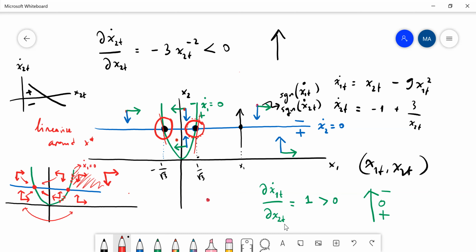Because the linearized system would look like that. In the linearized system, I will have two linear equations. So I can solve them. I can be exactly sure about the dynamics in the neighborhood of the steady states.